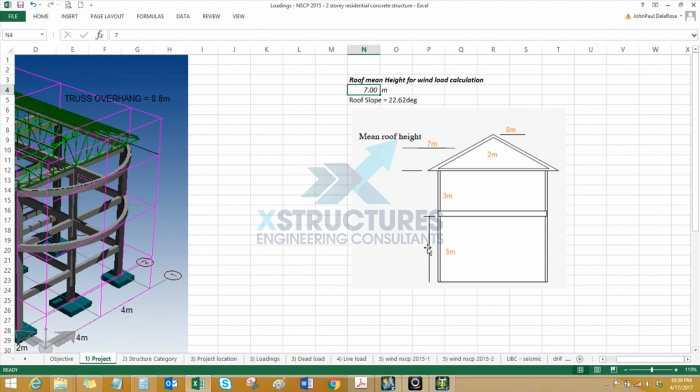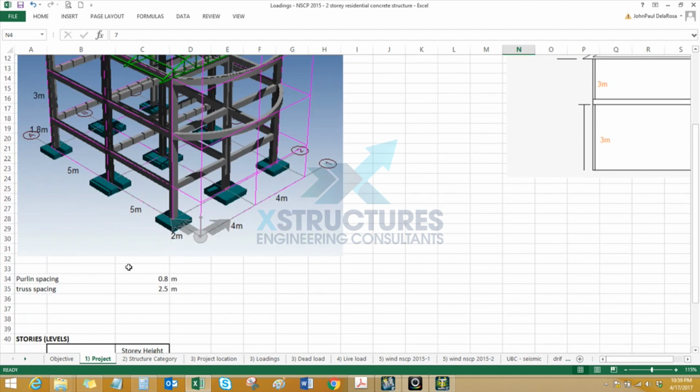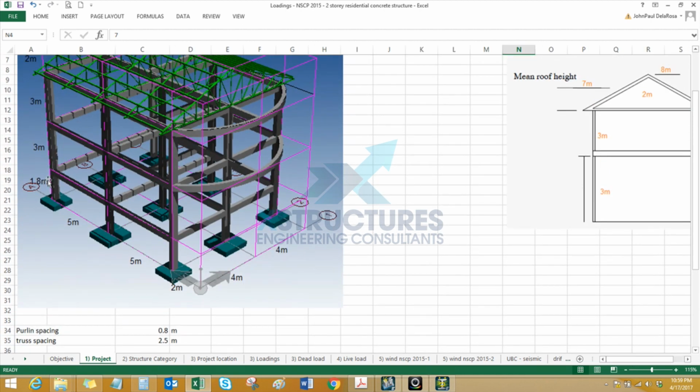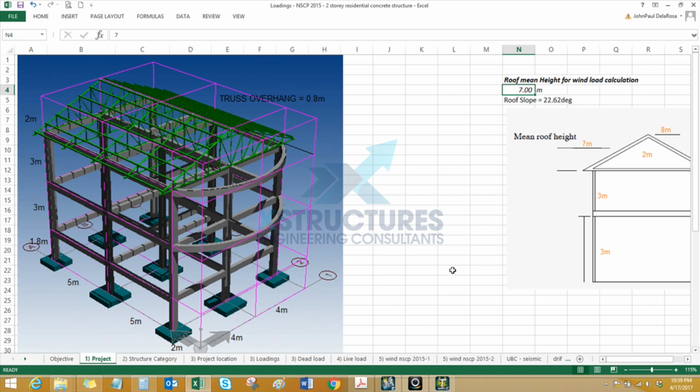So, 3 meters, 3 meters, and yung kalahati ng 2, 7. But hindi ko in-include yung 1.8 kasi nakabound yun sa soil. So, yung roof mean height calculation is galing lang dito, sa level na to after 1.8. Yun lang yung mga tatamaan ng wind.